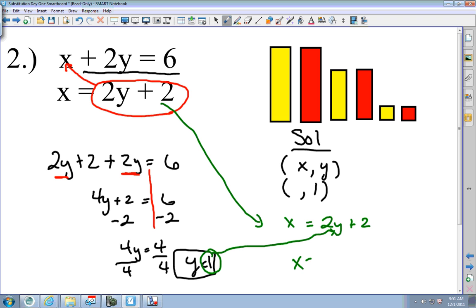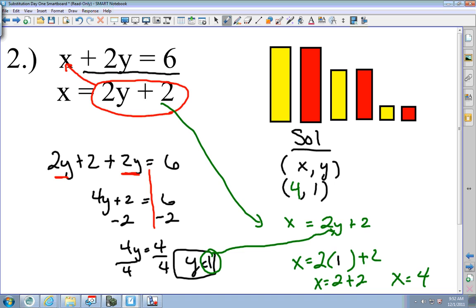I have x equals 2 times 1 plus 2. What's 2 times 1? 2. 2 plus 2. What's x equal? 4. It's okay to talk even if I'm videoing. There's my solution. 4, 1.